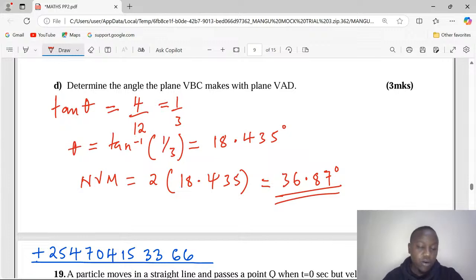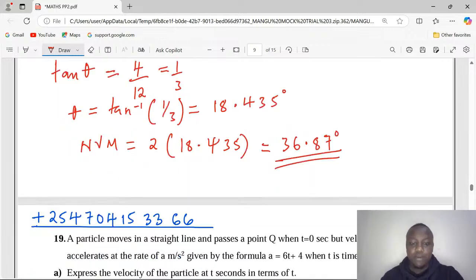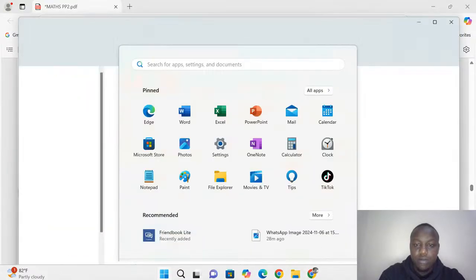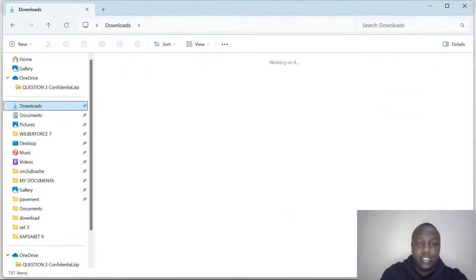So that is the angle that we are supposed to calculate.